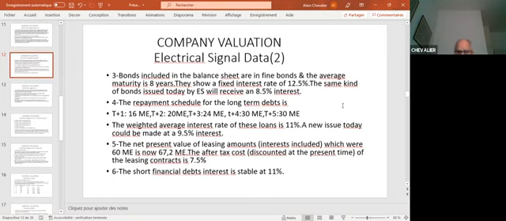We also know the after-tax cost discounted at the present time, which takes into account the elements that are fixed in the contract, to conclude that the after-tax cost of the leasing contract is 7.5%.